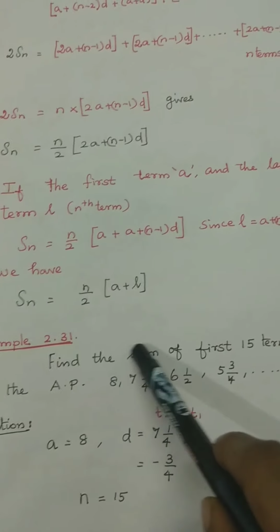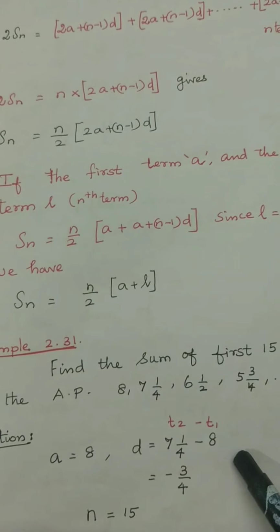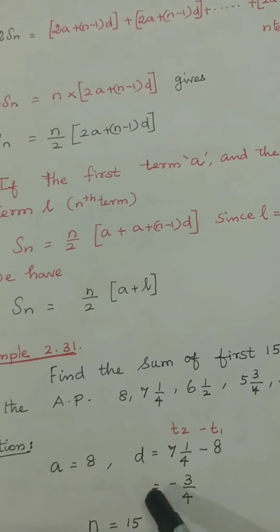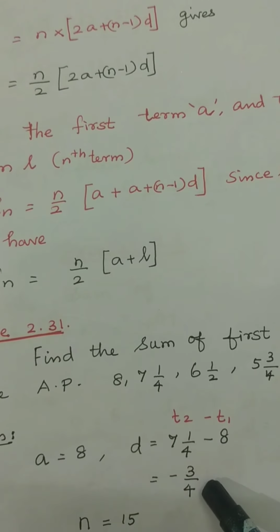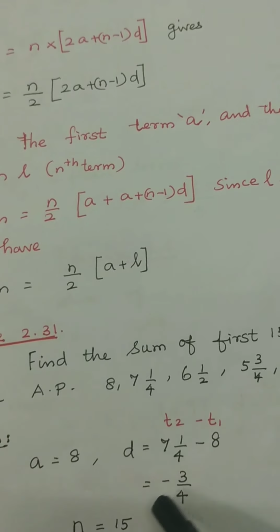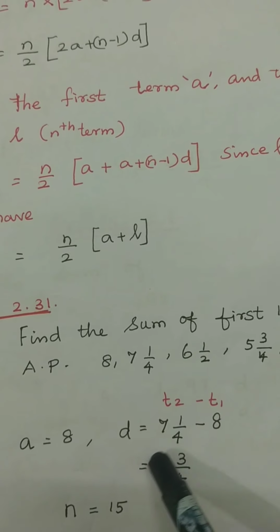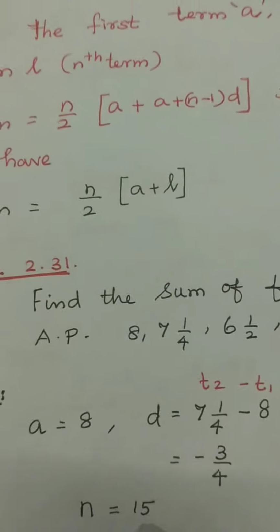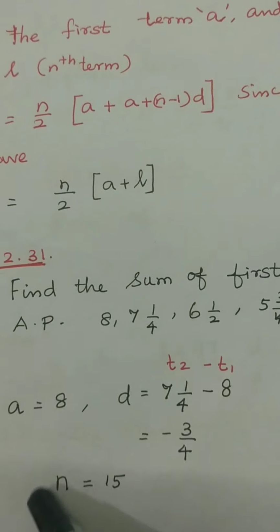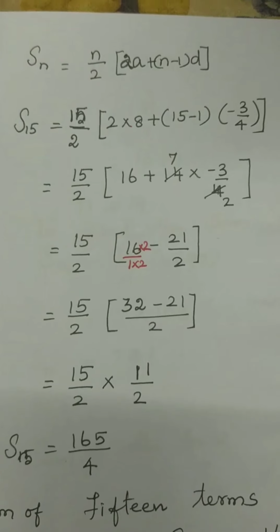We can also find D. D is equal to T2 minus T1, which is 7 1 by 4 minus 8. 7 1 by 4 minus 8 is minus 3 by 4. The bigger number's sign is minus, so put minus 3 by 4. Then the number of terms is 15. They asked for the first 15 terms, so n is equal to 15.